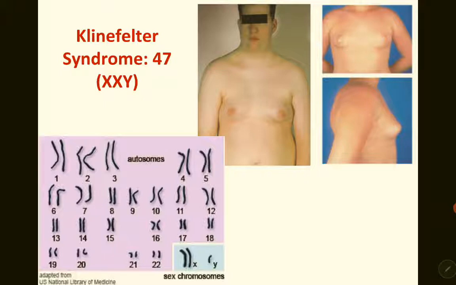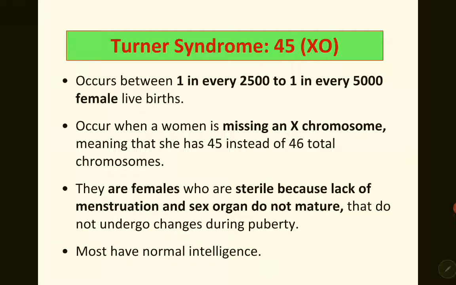For the karyotype of this patient, all the autosomes are normal, except that they have XXY. They have 47 chromosomes, so we write their karyotype as 44 plus XXY. Okay. Next one is Turner syndrome, 45 chromosomes, XO. It occurs in 1 in every 2,500 to 5,000 female live births.